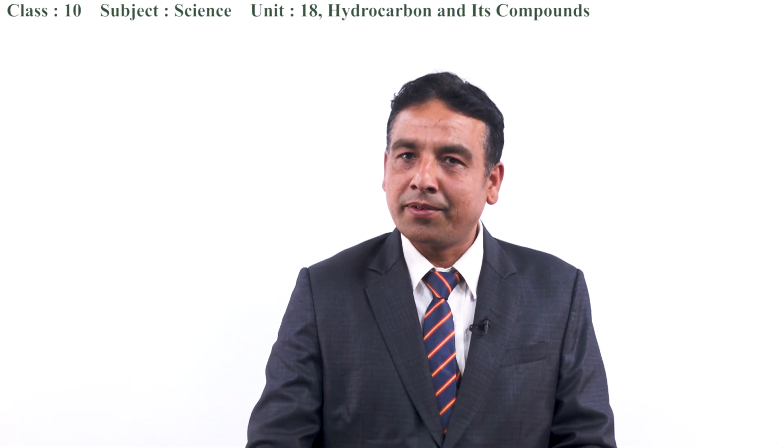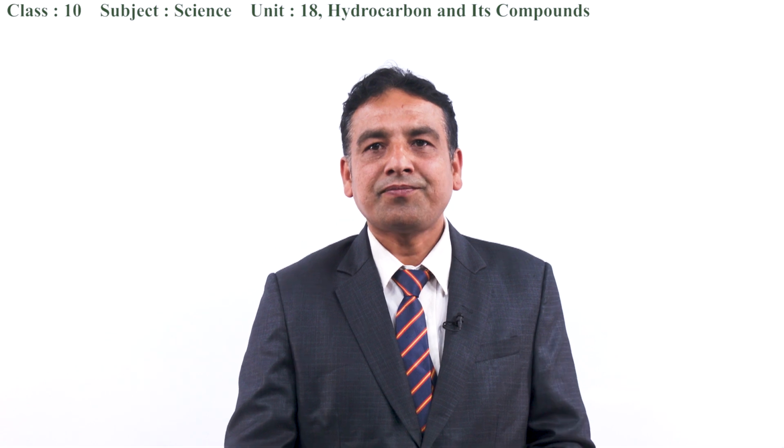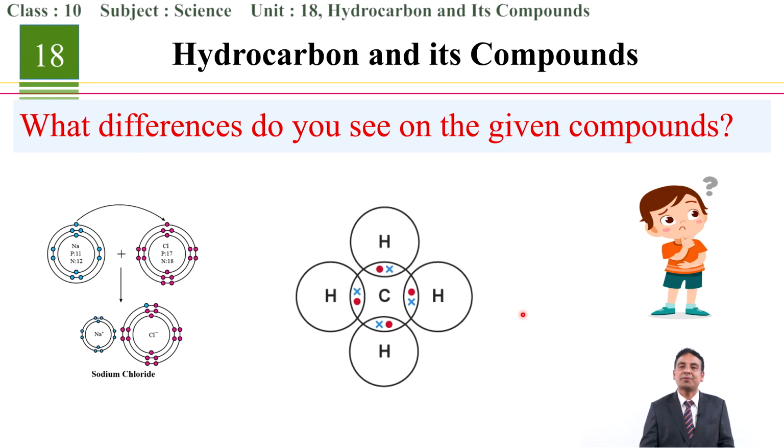At first, I'm just going to display some compounds, like these two compounds displayed over here. At first you have to identify the differences between the two compounds displayed on the screen.